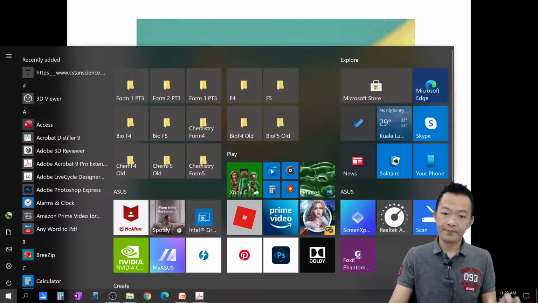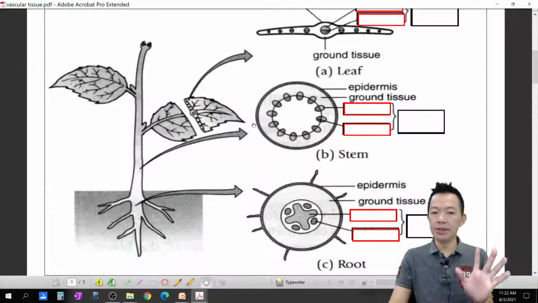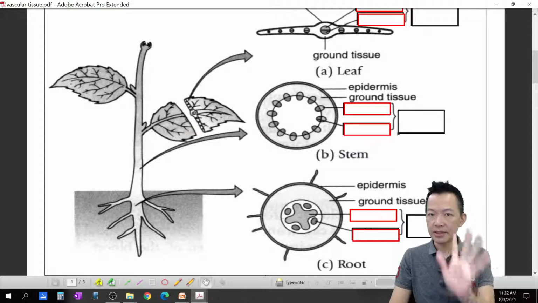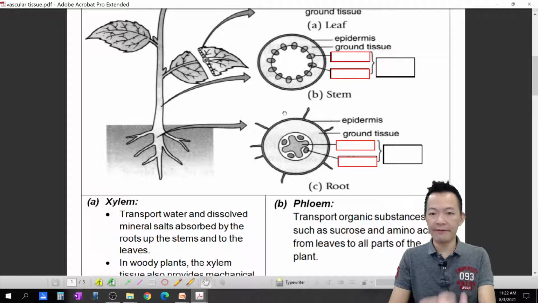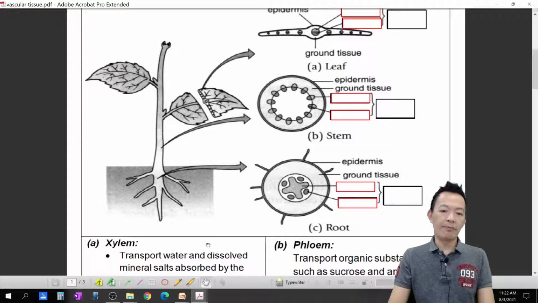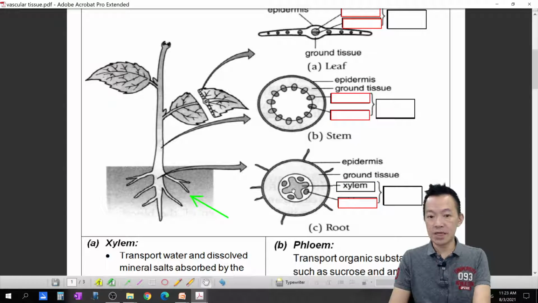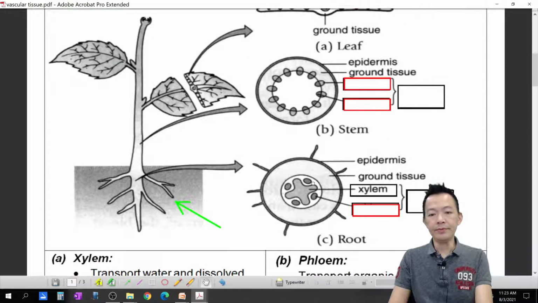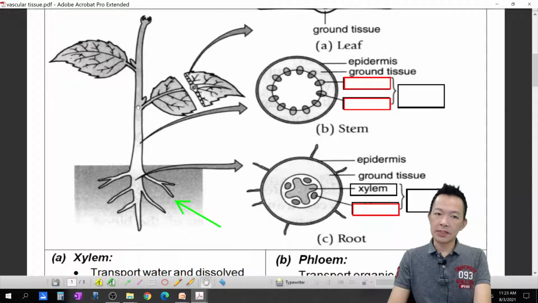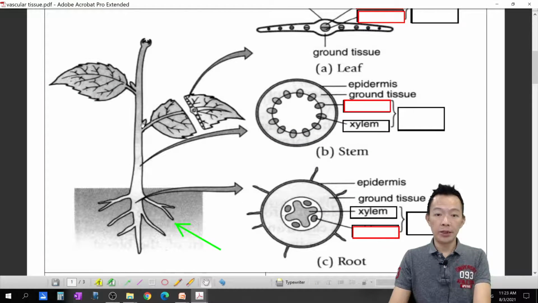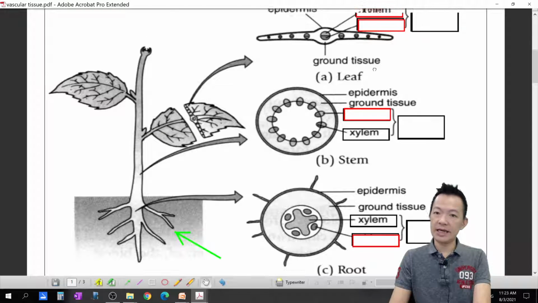Okay? So now we label on our notes. Slow down. Follow me. When the plant absorbs the water, the water will first pass through the xylem tissue. Where's the xylem tissue? Inside. After this it goes to the stems. Where's the xylem tissue? Inside, facing inwards. You go to the leaf. Where's the xylem tissue?